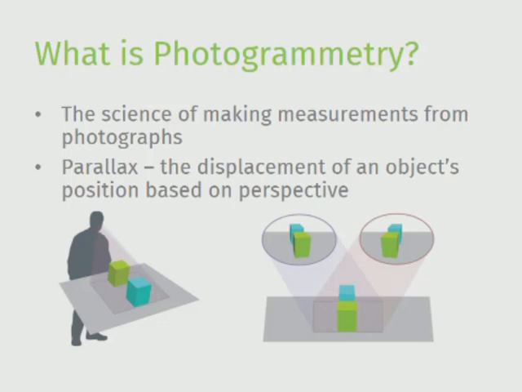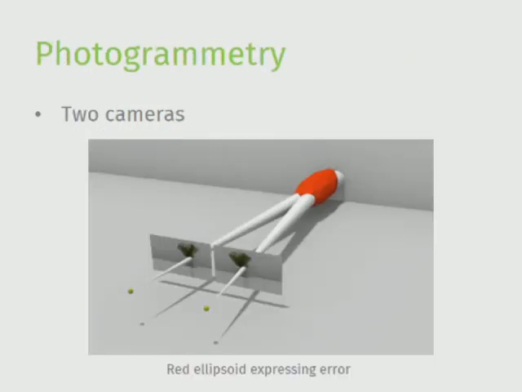That is the displacement of objects based on perspective. So if we think about parallax with two cameras, every single person here does this on a daily basis. Our eyes work like this, where we have two eyes that triangulate an object that we're looking at, and based off the perspective from both eyes and the concept of parallax, we can determine where that is in relationship to ourselves.